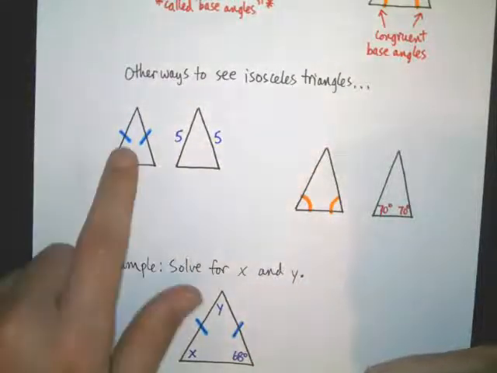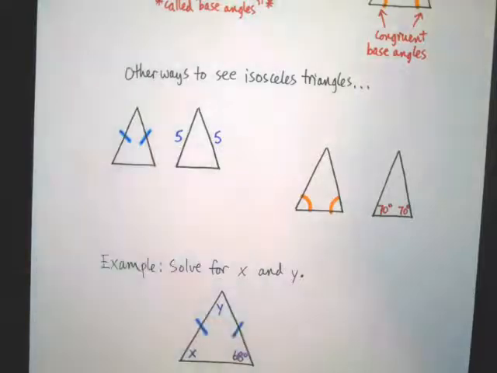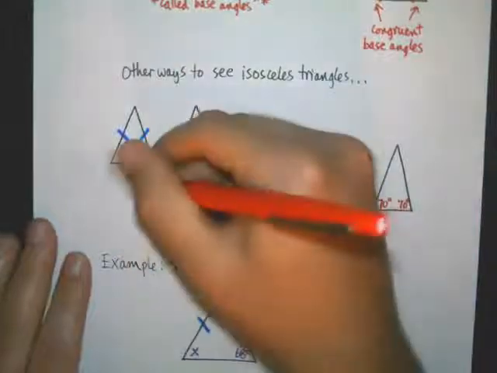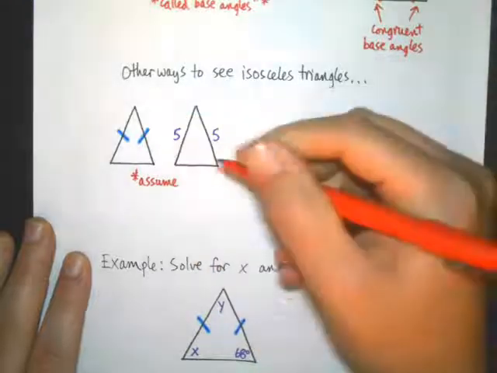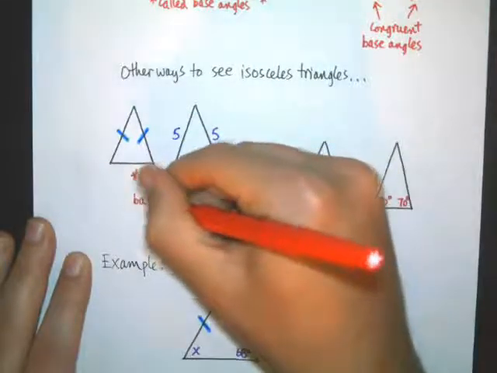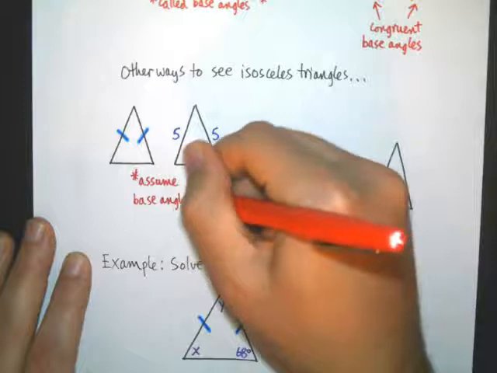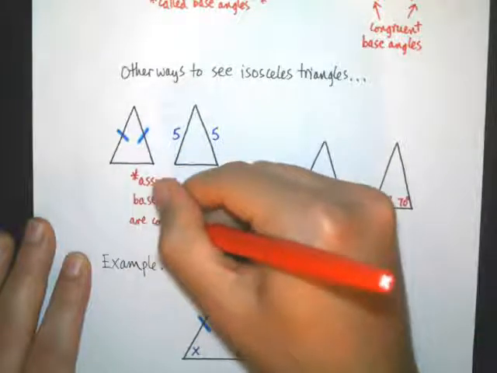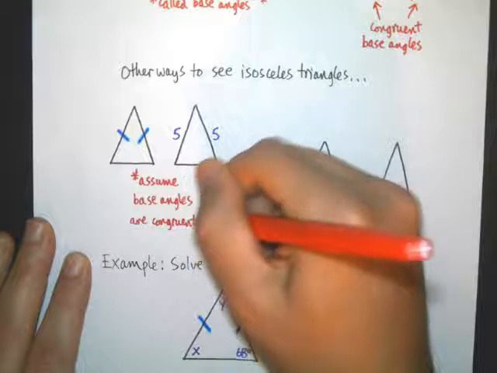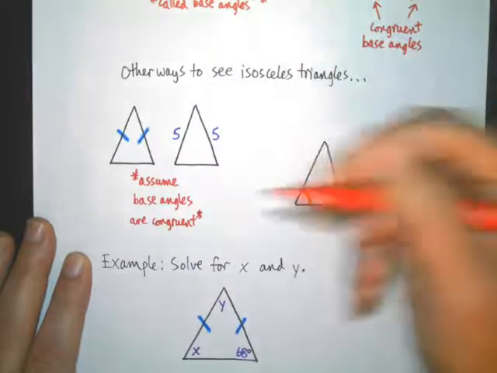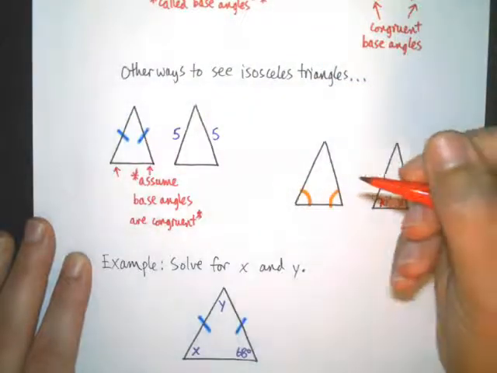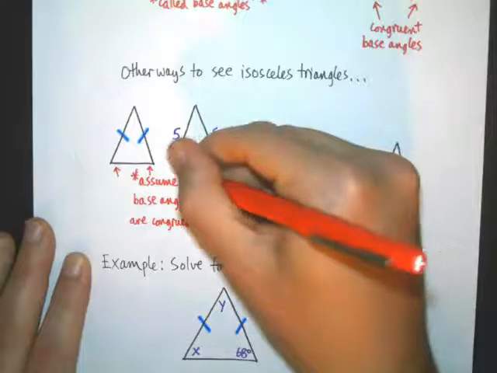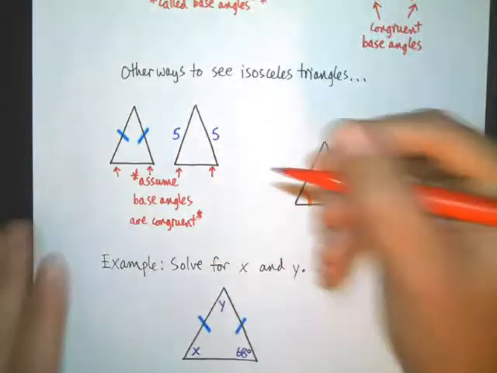Well, as long as the two legs are congruent, we can assume that the base angles are also congruent. And again, the base angles in that triangle would be there and there, and the base angles in this triangle would be there and there.